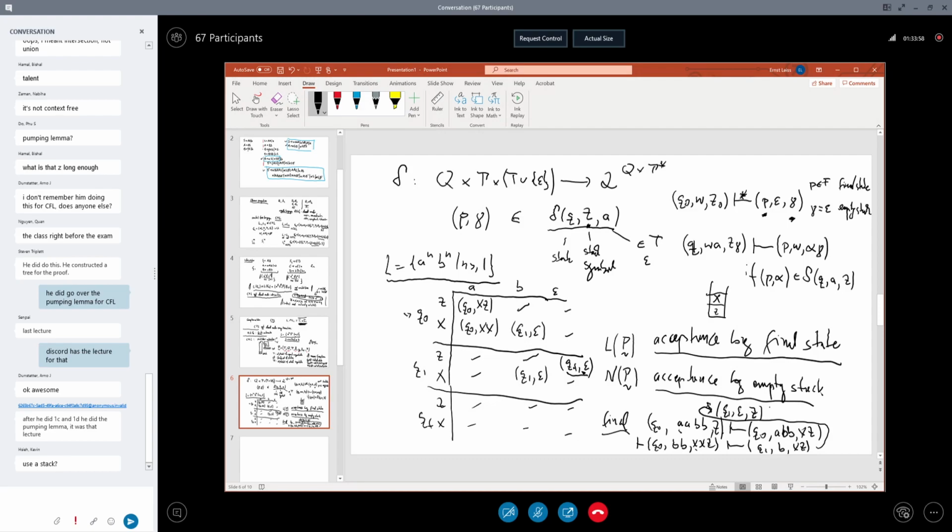And now I have the last step, which is QF. And I obviously consumed epsilon, which means I'm not consuming anything. And I replace the Z that I see with epsilon, so I have this. And that means now I have both a final state, QF, and an empty stack, epsilon.